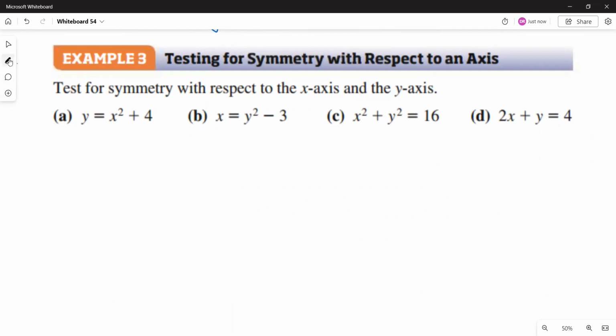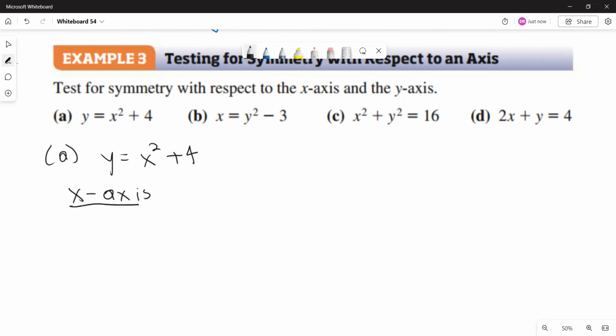Okay, in part A, the equation is y equals x squared plus 4. So we're going to test for symmetry with respect to the x-axis. To test for symmetry with respect to the x-axis, we're going to replace y with -y. If we get an equivalent equation, the graph is going to be symmetric with respect to the x-axis.